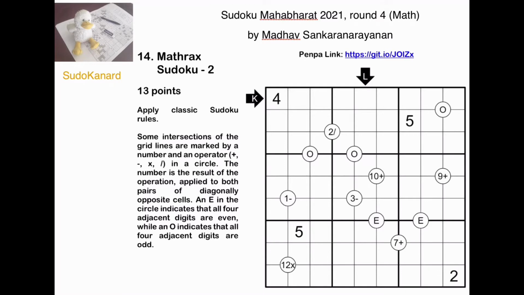Right. So the first part will be to notice that those parities will spread to the rest of the grid through all the clues. So I just write down the parities of every single cell.